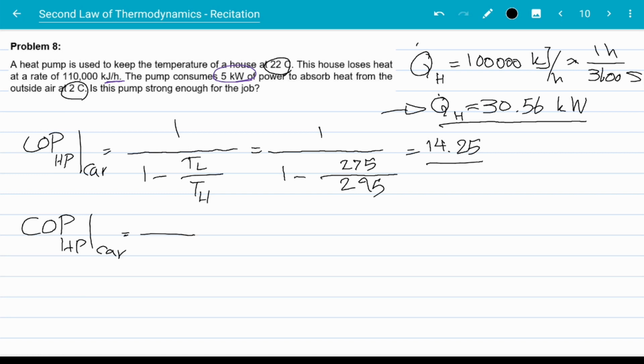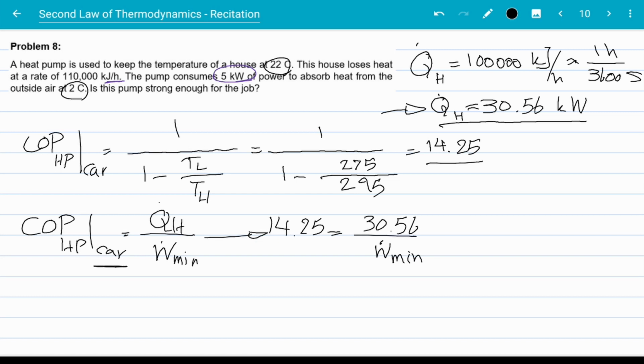Now again, we know that the same coefficient of performance is Q dot H over W dot, right? So 14.25 is equal to Q dot, we already know, is 30.56, over W dot, which is the minimum. The reason we can add subscript of minimum to this W dot is that we are dealing with a Carnot heat pump.